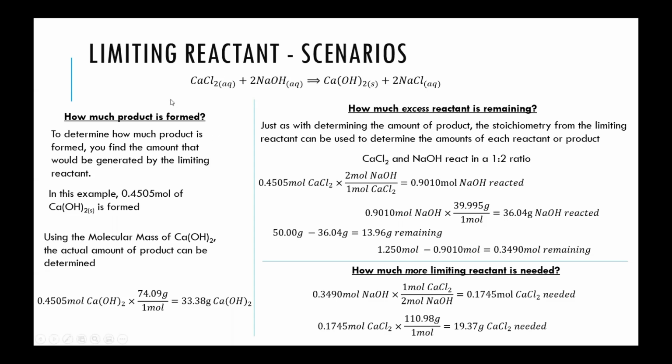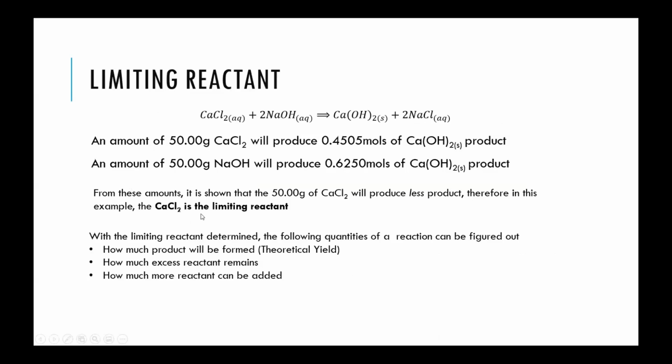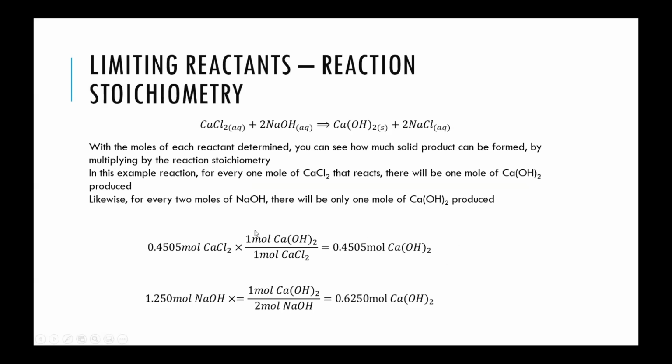So one of the things you can calculate is how much product is formed. What is the mass of that solid, this calcium hydroxide? How much of that will there be when you combine 50 grams of calcium chloride and 50 grams of sodium hydroxide? You're trying to figure out what is the mass of that solid. So once you have the limiting reactant, you can see how many moles of product it will form.